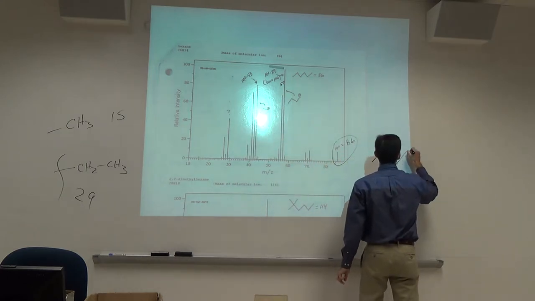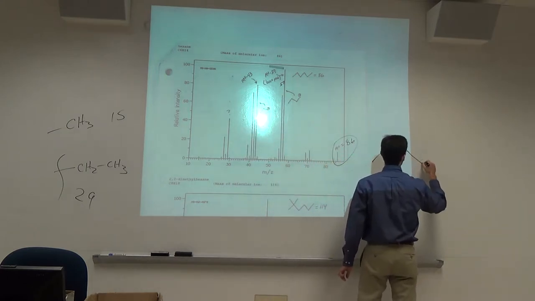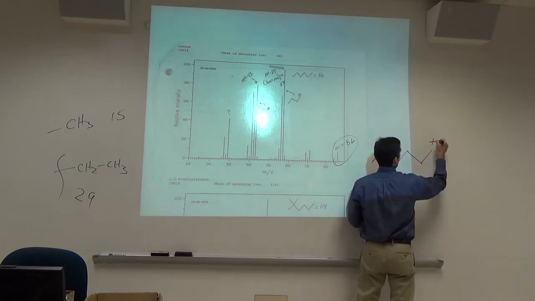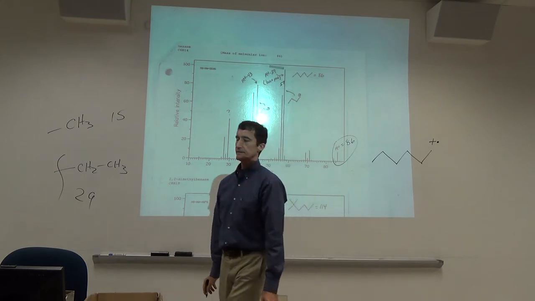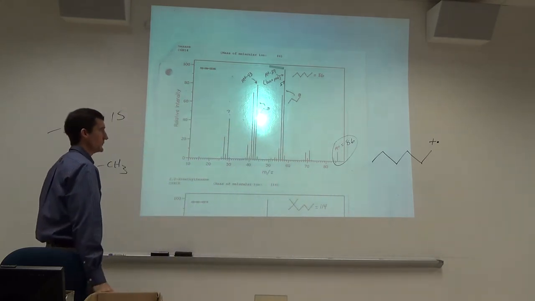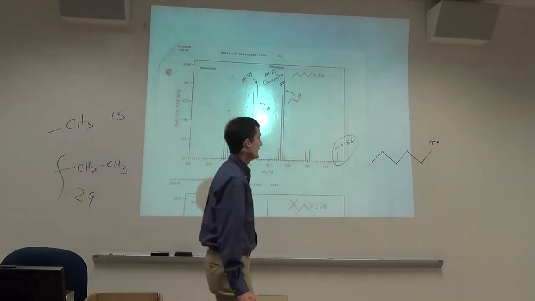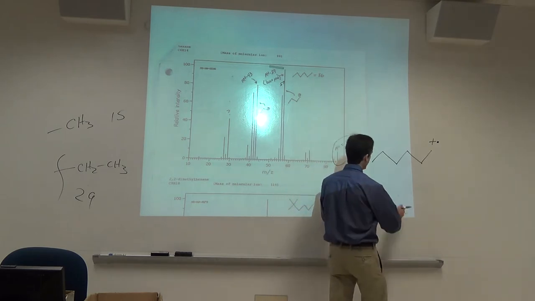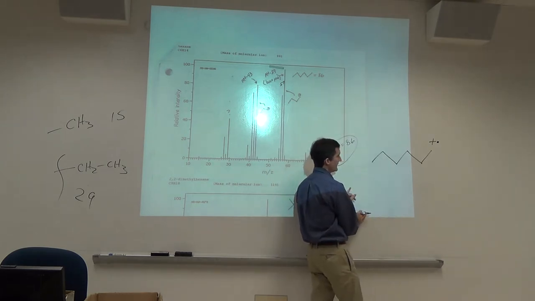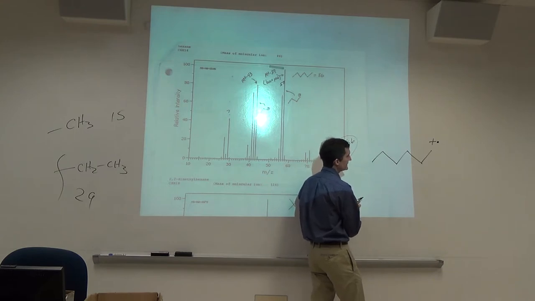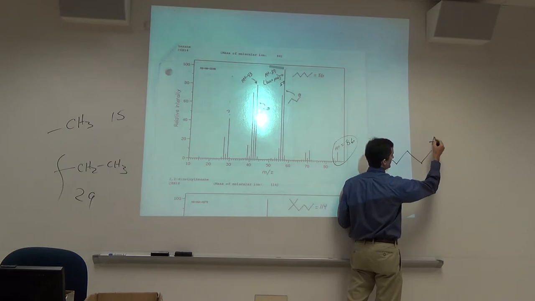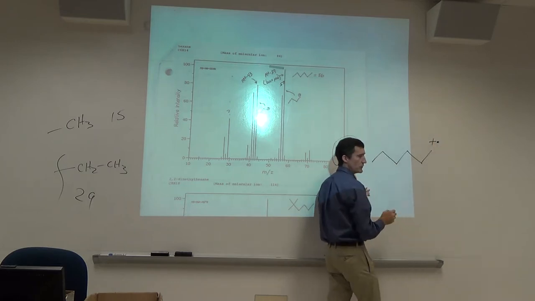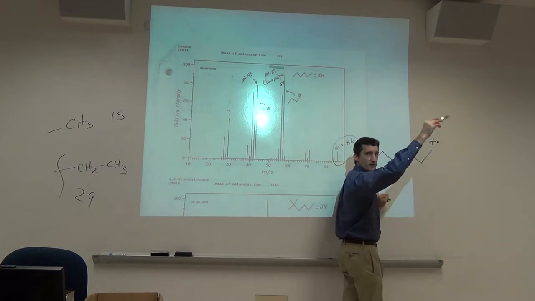We can have 1, 2, 3, 4, 5 here. Sometimes I show the radical first, sometimes the cation, I don't know which goes first. Either way, radical cation, it can cleave. Basically, bonds get cleaved. Now I show this sort of generically. It's sort of like when you do charges in Gen Chem where you just put the charge on the top right corner.